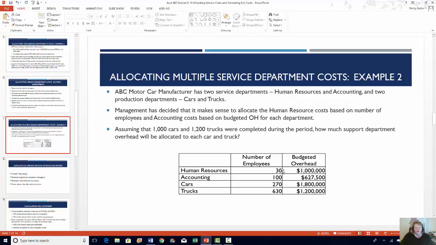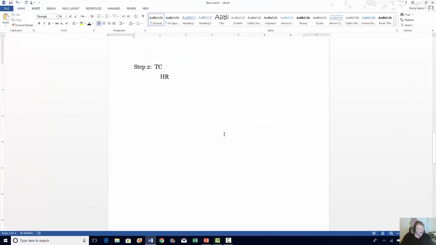And the number of employees: 30 in human resources, 100 in accounting, 270 in cars, and 630 in trucks. So now that we have our numbers, HR, the total cost here, no line, thank you, it's $1 million.